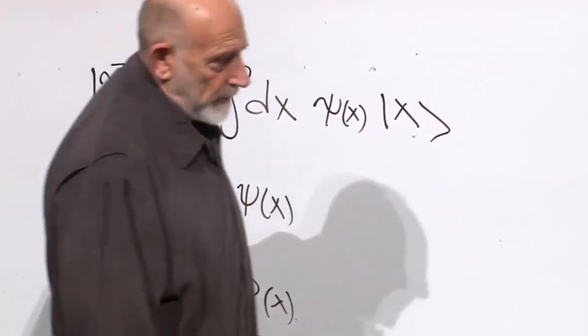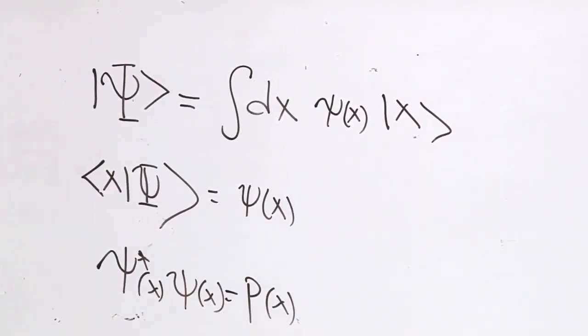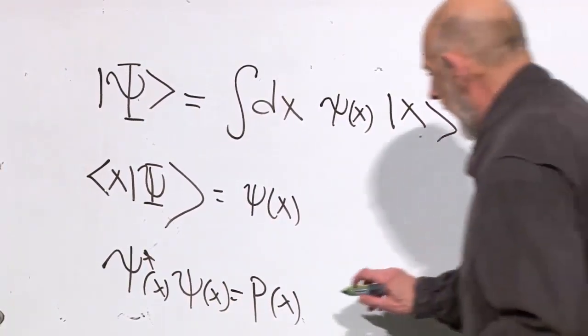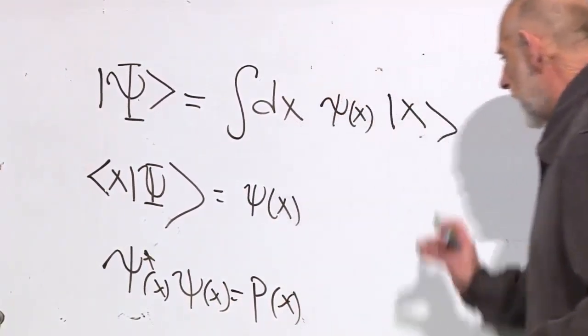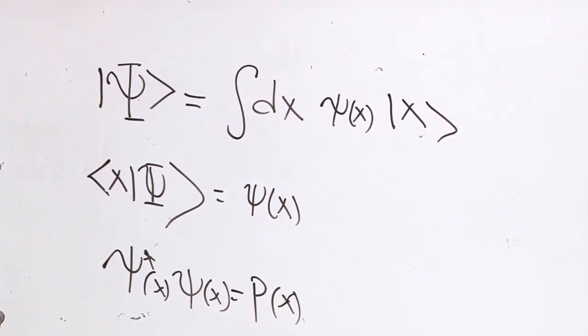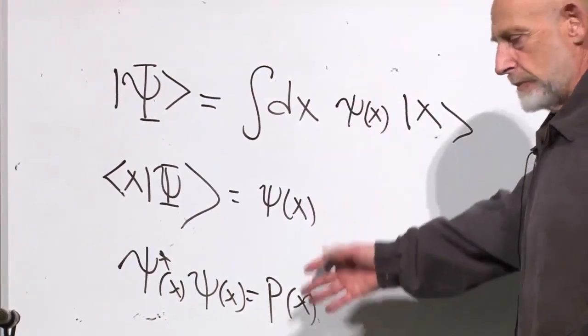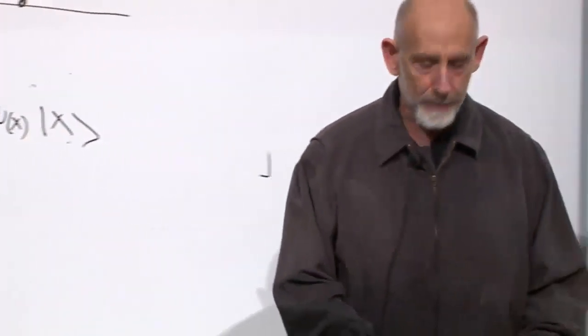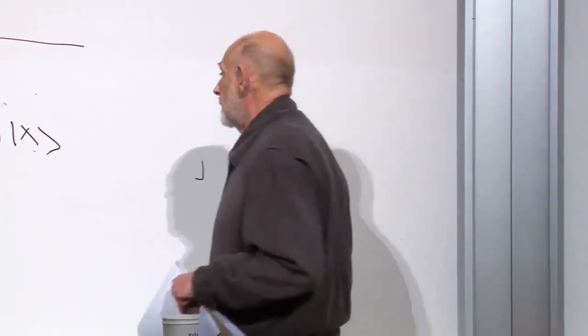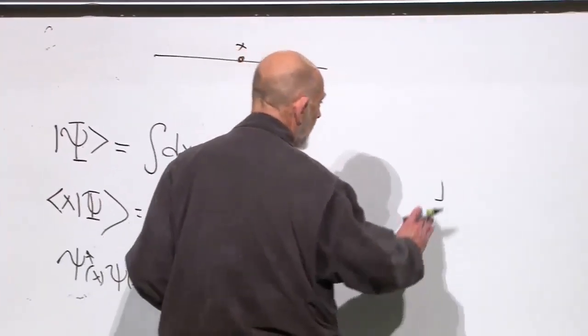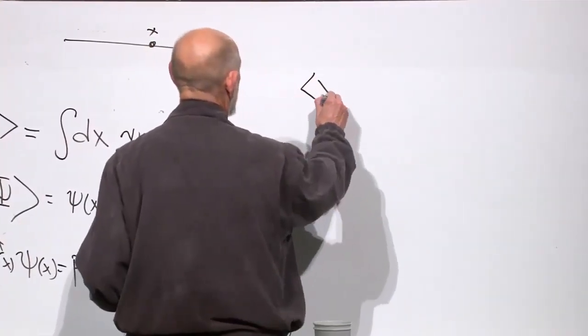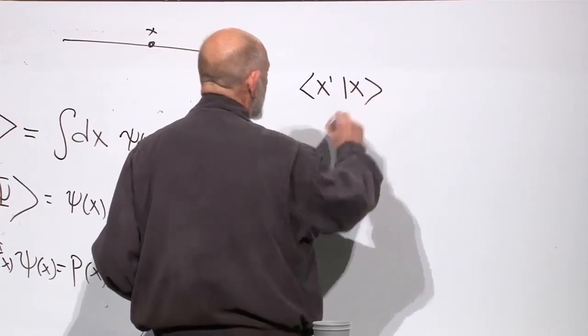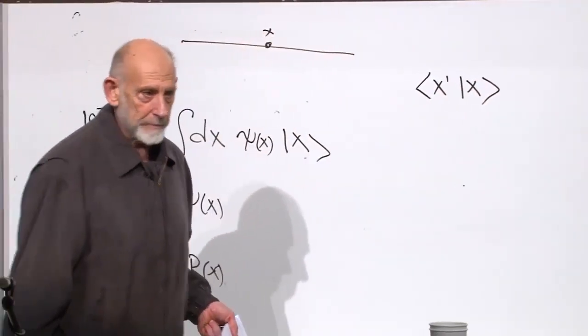Now, strictly speaking, we talked about it last time, you have to think of it as a probability density, a probability per unit interval in x, but you know how to take that into account. All right, so this is the basic framework of quantum mechanics just being repeated except for a continuous variable. The inner product between two vectors, x and x prime, is 0 unless x equals x prime.